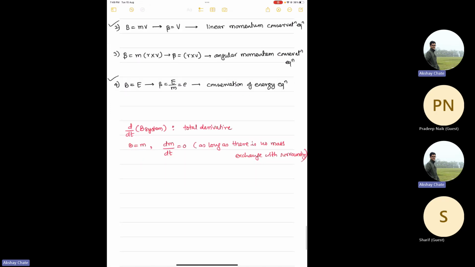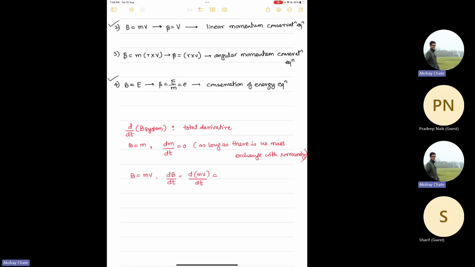So can anybody tell me, if we put B equal to linear momentum, what is dB by dt? It is d by dt of mv. So can anybody tell me what is d(mv) by dt?